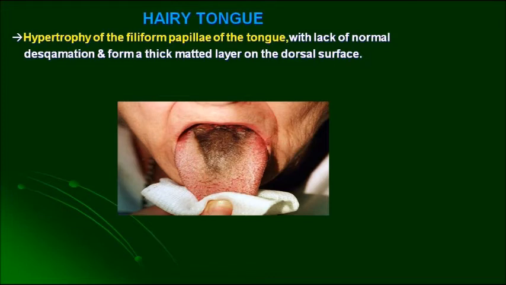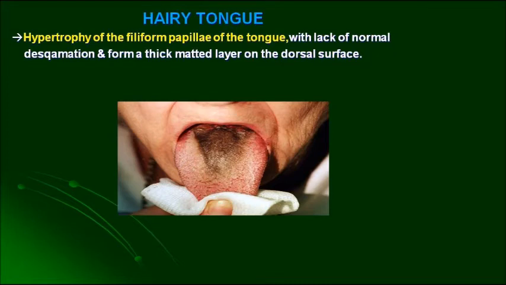Hyperplasia means increase in number. So hypertrophy of the filiform papillae of the tongue. The options can be: what is a hairy tongue? Option A can be hyperplasia of the filiform papillae. Option B will be hypertrophy of the filiform papillae. So you should not get confused.